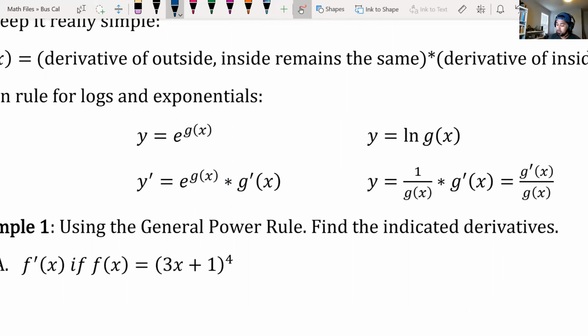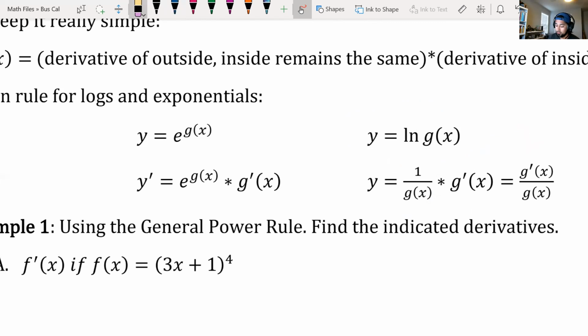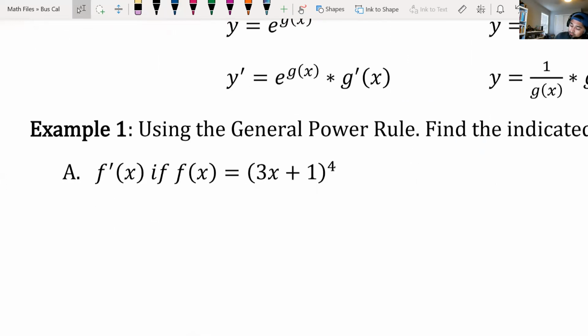And the chain rule derivative of the natural log of some function g of x will be 1 over g of x times g prime of x. Or to keep that simple, the derivative is just g prime of x over g of x. We'll see those as we move on. But that's the chain rule. Derivative of outside times derivative of the inside. Okay, let's try it out.